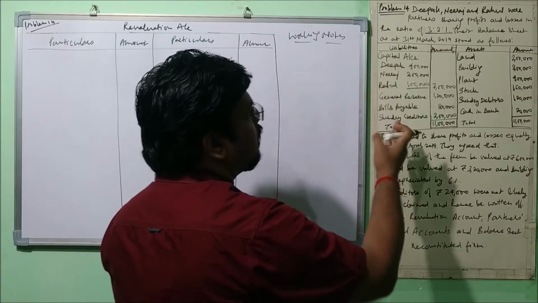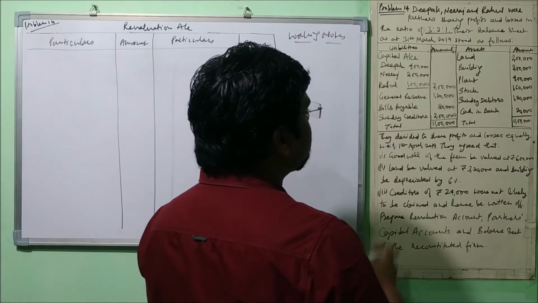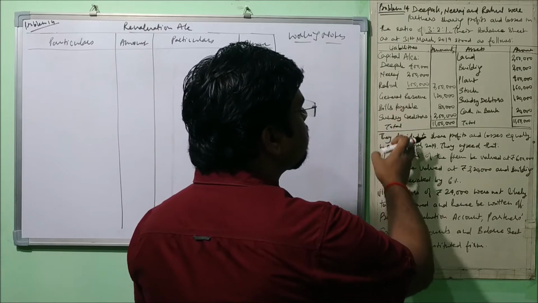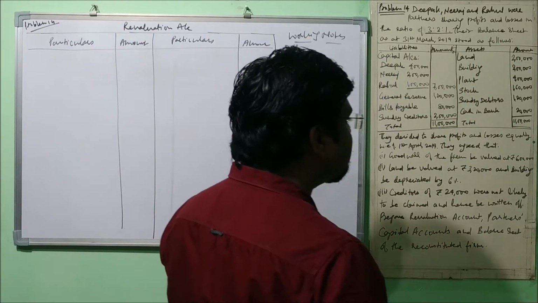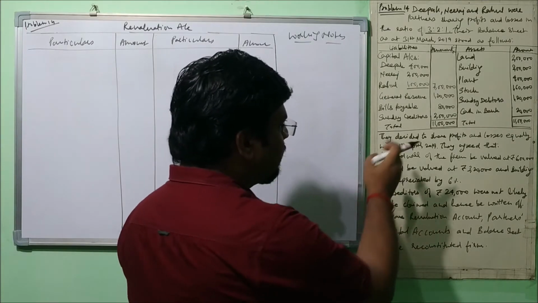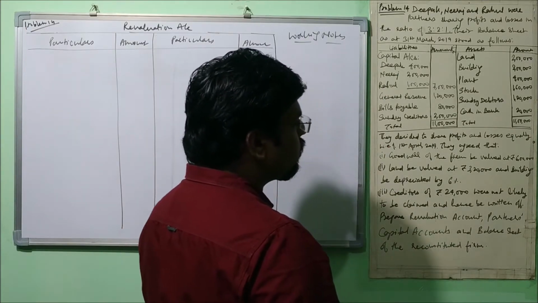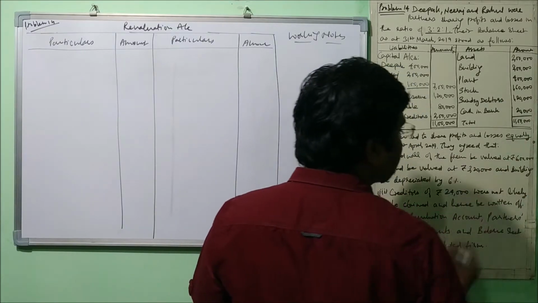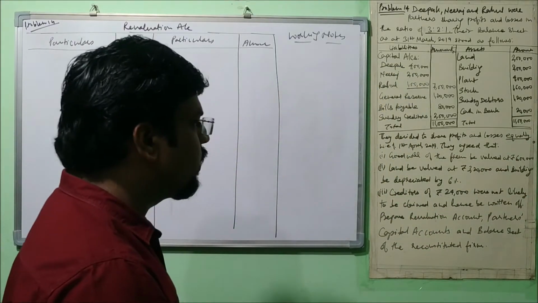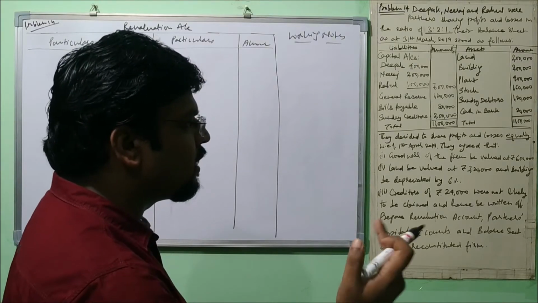Liabilities are given: the capitals of the three partners, general reserve, bills payable, sundry creditors, and on the asset side we see land, building, plant, stock, sundry debtors, cash in bank. They decided to share profits and losses equally with effect from 1st April. Equally, so that is their new profit sharing ratio, that is 1/3, 1/3 and 1/3.